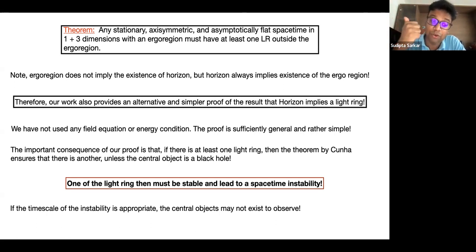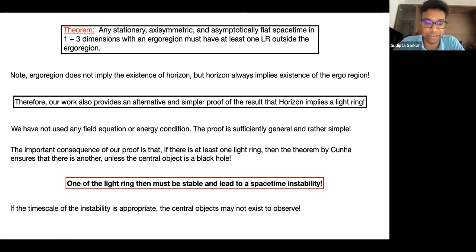We prove that if you give me an ultra compact object which has an ergosphere, then it must have one light ring. Then Cunha's paper says that it must have another light ring, and one of them is stable. And that stable light ring is bad by the other analysis. And therefore, if there is an object with a light ring, presumably the only possibility is that there is a horizon.